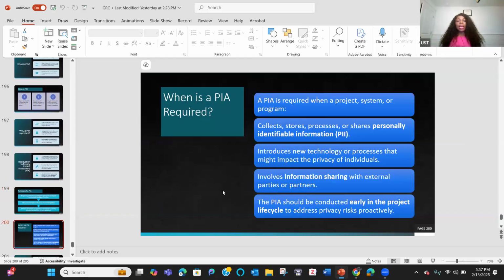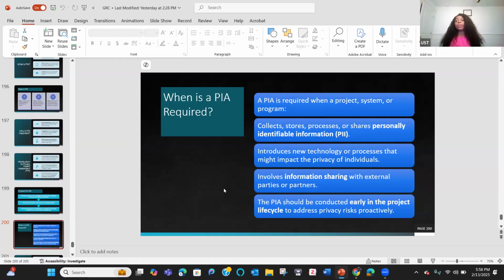Okay, and then when is a PIA required? It is required when a project, system, or program collects, stores, processes, or shares personally identifiable information. We discussed that already. It is also required when it introduces new technology or processes that might impact the privacy of individuals, or involves information sharing with external parties or partners.